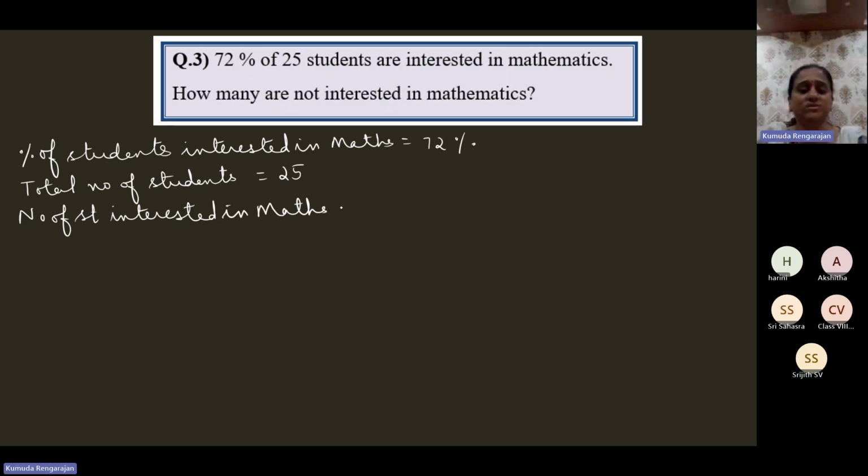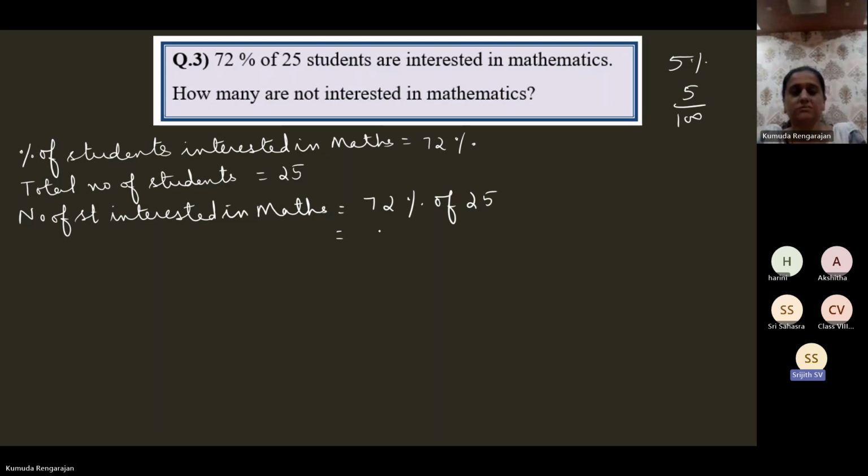Number of students interested in maths is equal to 72% of 25, as given in the question. What is 72%? 5% means 5 by 100, so 72% means 72 by 100.